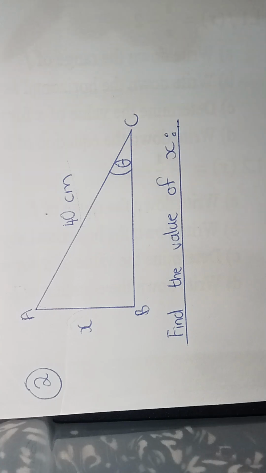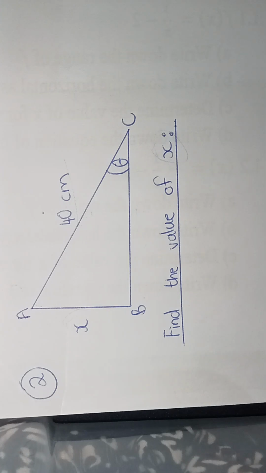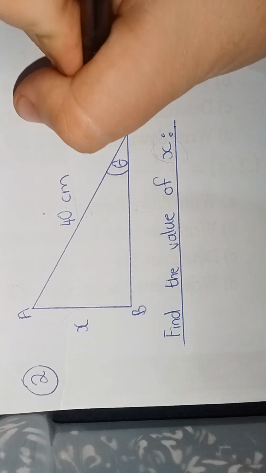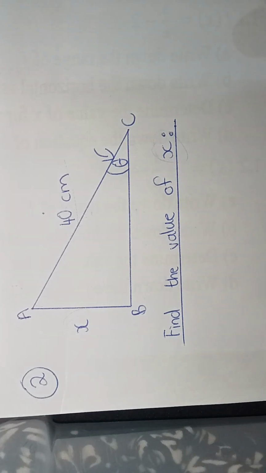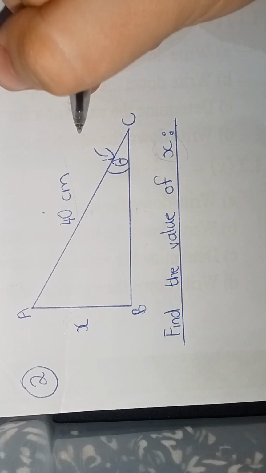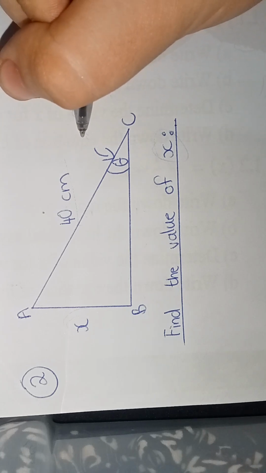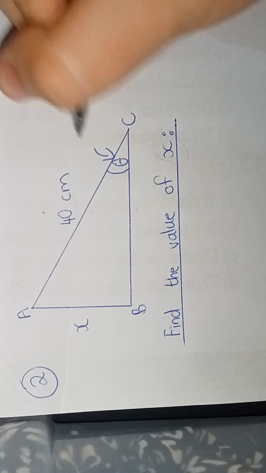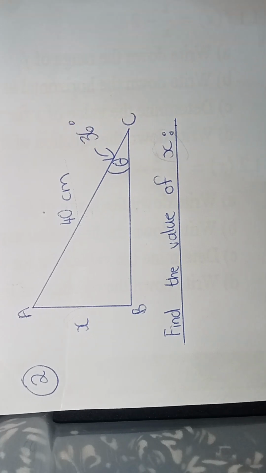They ask you, find the value of x. Now, this theta will also have a magnitude. So let's say the magnitude is 36 degrees.